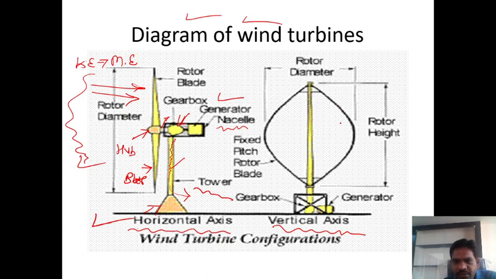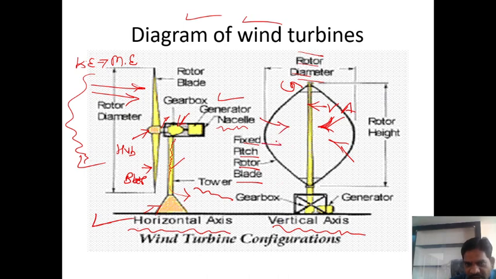So this is the blade of the vertical axis wind turbine. These are the rotor blades, and the pitch is fixed, meaning there is no change in the dimension of the blades. The pitch of the blade is constant. These are the rotor diameters, and the blade rotates along this vertical axis, that's why it is called a vertical axis wind turbine.